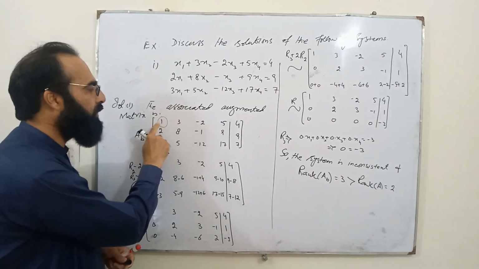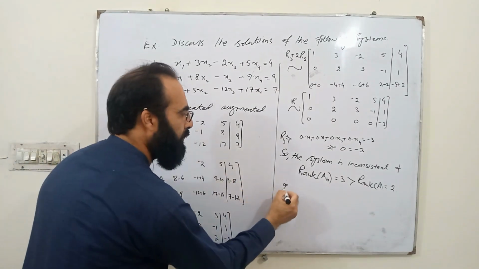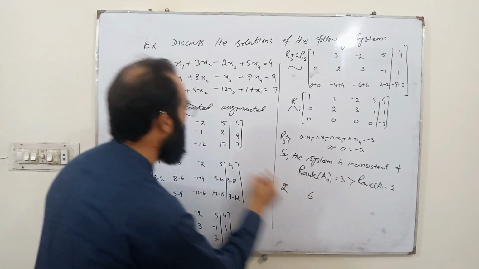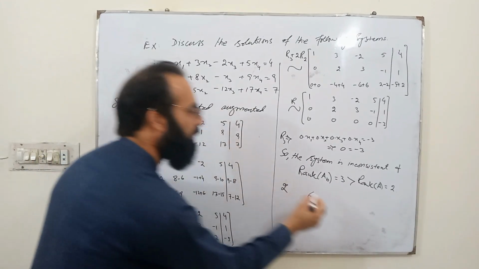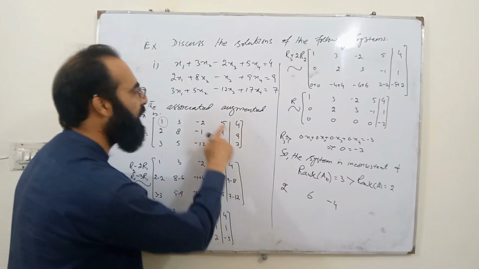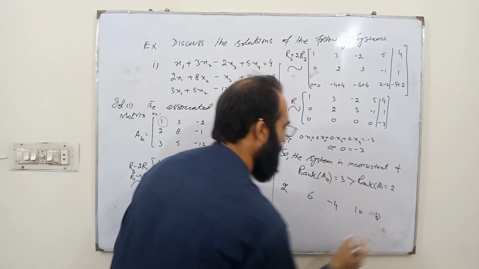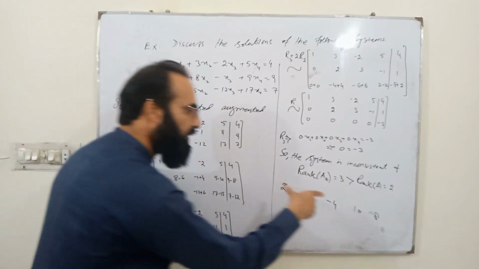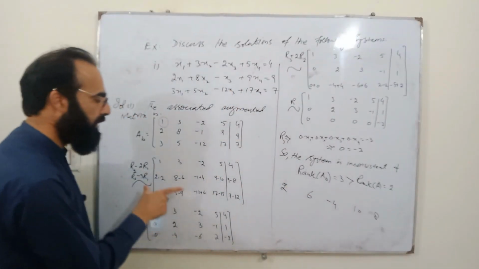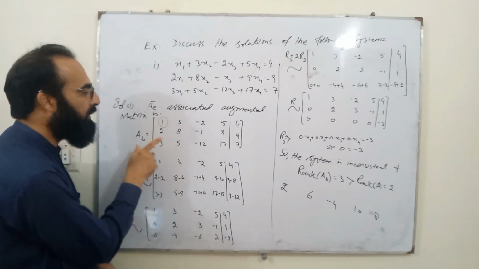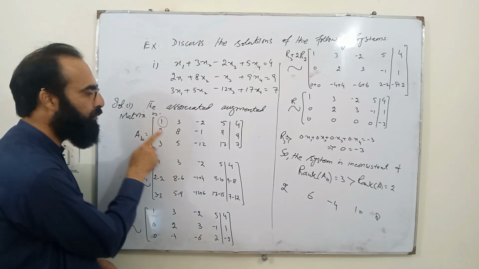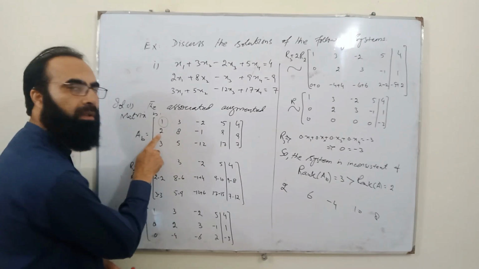2 times R1 will be: 2 1s are 2, 2 3s are 6, 2 minus 2s are minus 4, 2 5s are 10, 2 4s are 8. Basically, we are subtracting these entries from the second row, and in the second row we have 2, so subtract this 2 from this 2.